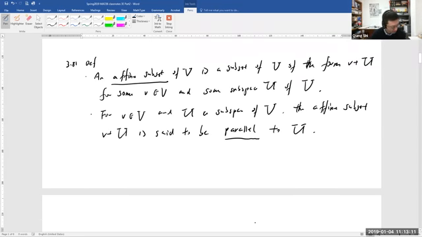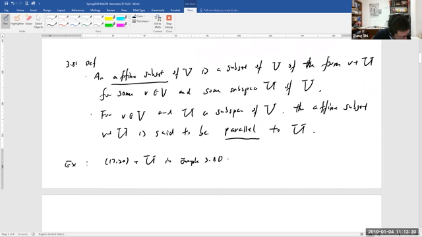All right. So then let's add an example here, formally saying that v plus U from the example above, I think it's example 380, is an affine subset of R2.